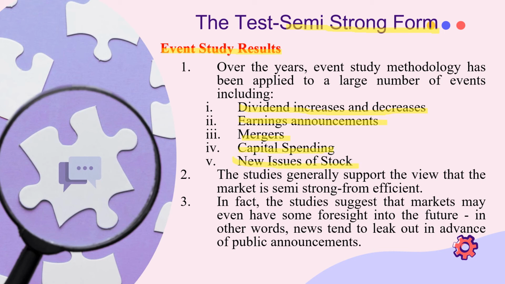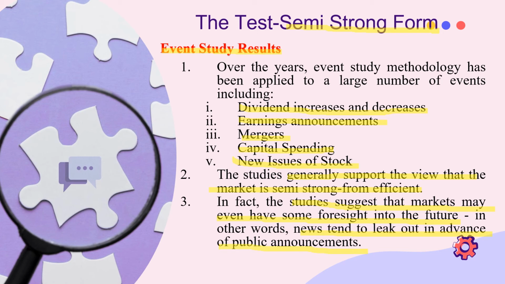So there are a lot of findings they have produced, and the five studies stated here generally support the view that the market is semi-strong form efficient. In fact, the studies suggest that the market may even have some foresight into the future. In other words, news tends to leak out in advance of public announcement.